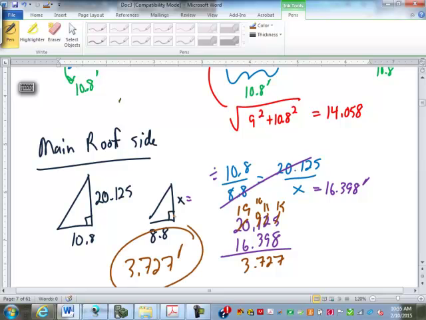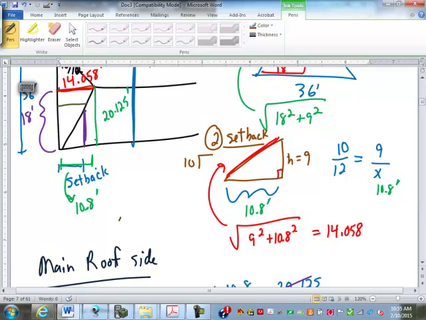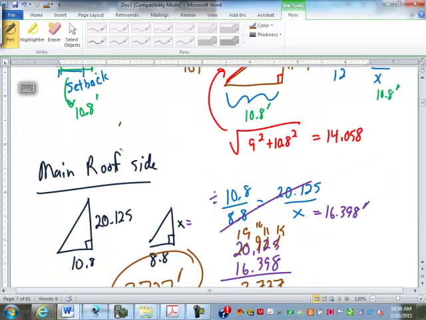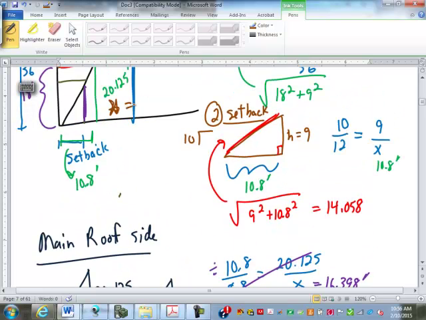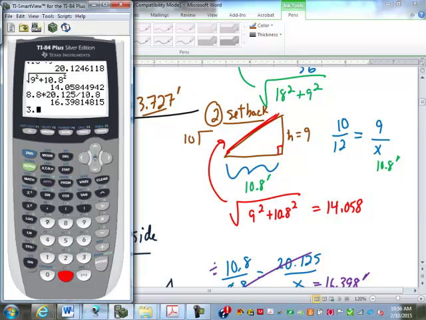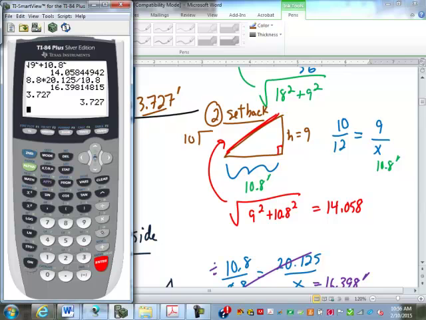That is the jack rafter decrease on the main roof side. 3.727 feet. Now we're going to convert that quick.